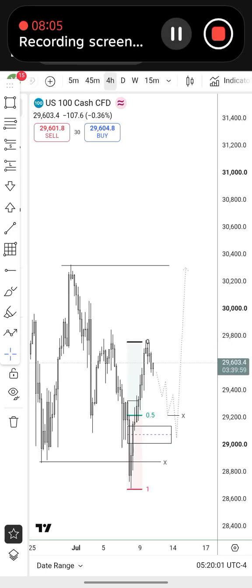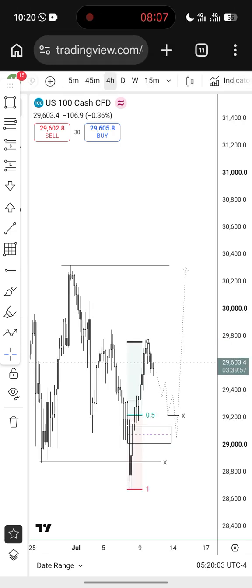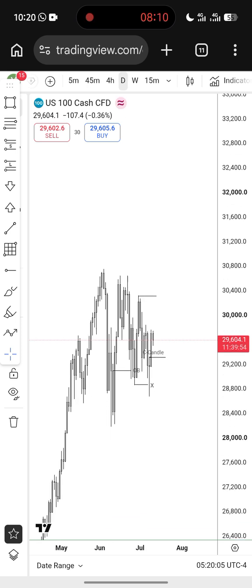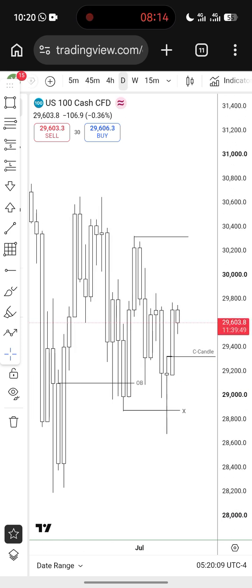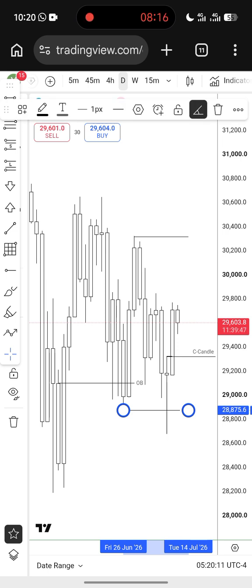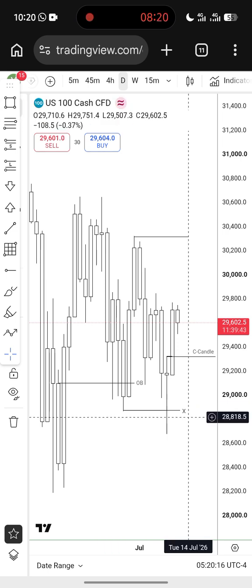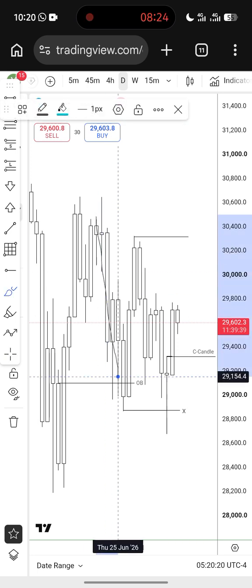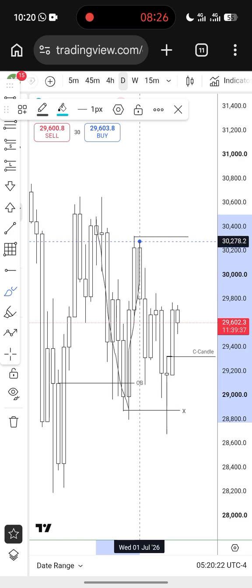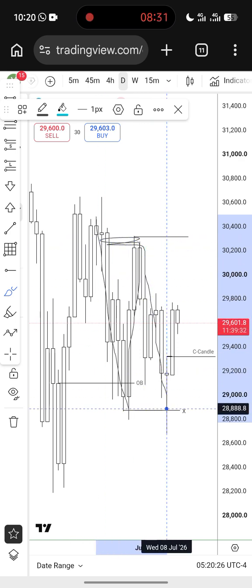So while screenshotting, I have also noticed something. After price has taken this buy side liquidity, this is how the move started. It started from here, came back here, respected this supply zone, then came back down, but then swept this liquidity.